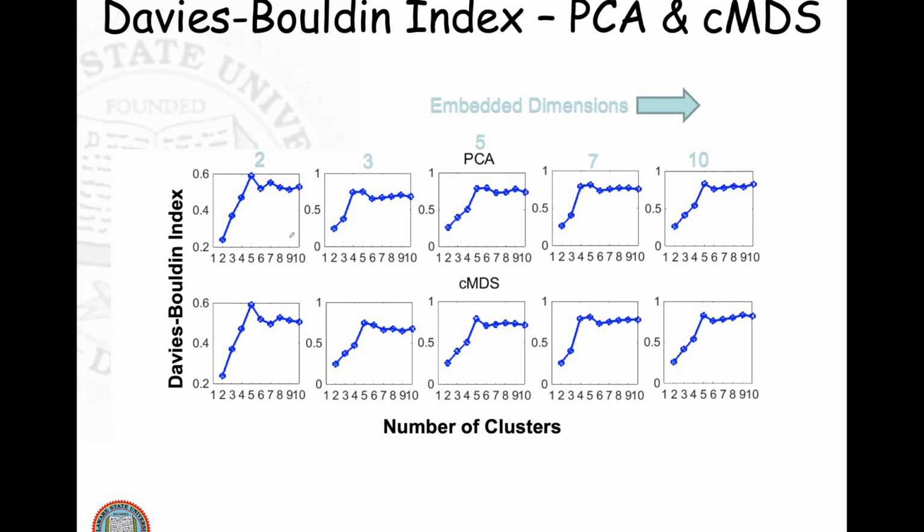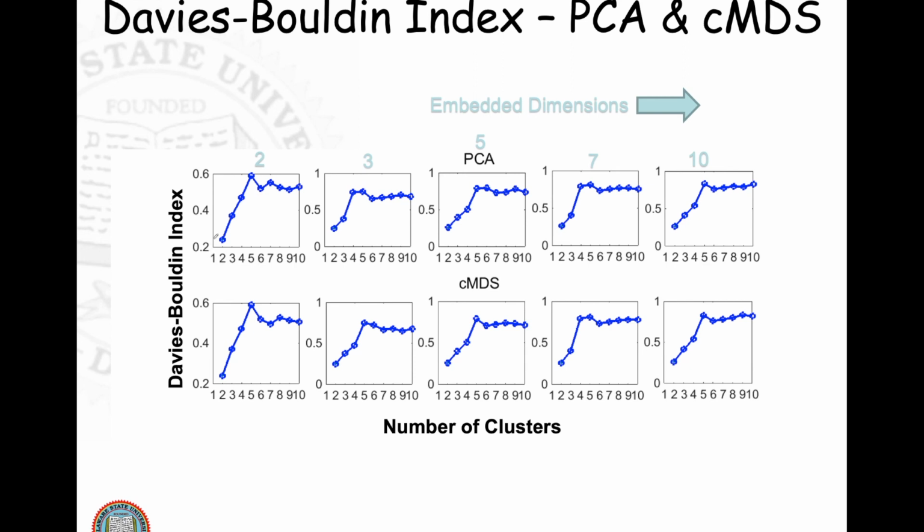And so here, each one of these columns for these graphs represents the number of dimensions or measurement types resulting from our embedding in smaller dimensional representations. So we have dimensionality of 2, dimensionality of 3, dimensionality of 5, 7, and 10 depicted here. And for each graph, we're listing the DBI score for 1 cluster, 2 clusters, 3 clusters, on through 10 clusters.